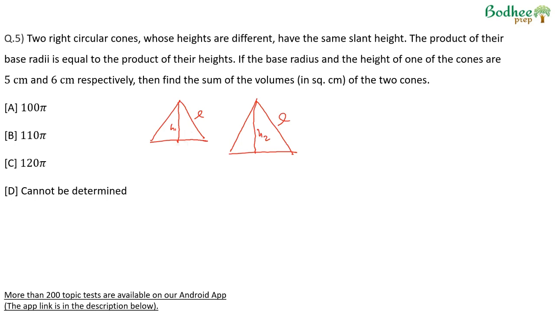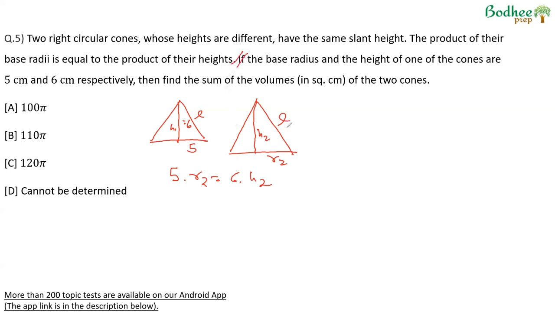If the base radius and the height of one of the cones are 5 and 6, base radius is 5, height is 6, find the sum of volumes of the two cones. Now it is given that the product of the base radii, so 5 into R2, is equal to 6 into H2. The product of base radii is equal to the product of heights.